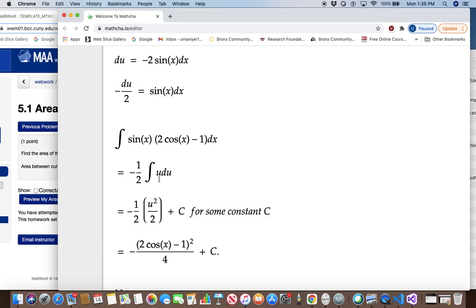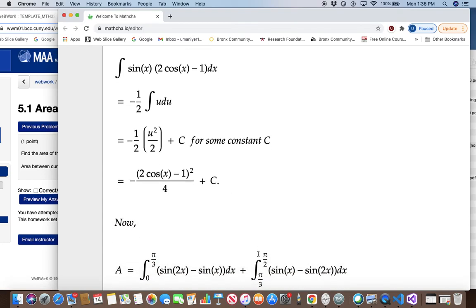When I take the integral of u du, I get u squared by 2. This is an indefinite integral, so I have a constant. Replacing u by 2 cosine x minus 1, I get negative (2 cosine x minus 1) squared over 4 plus a constant.